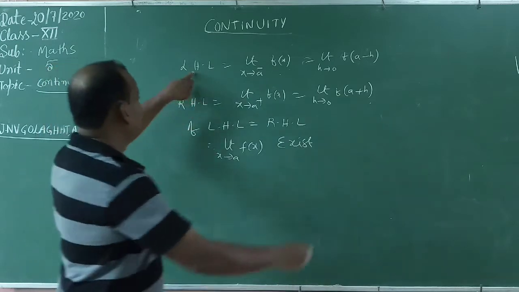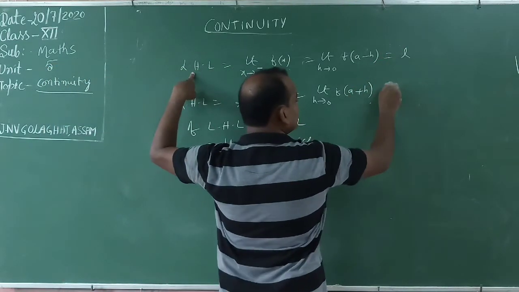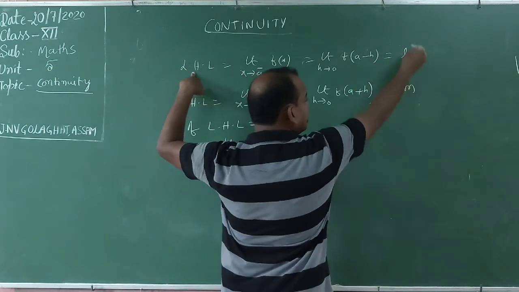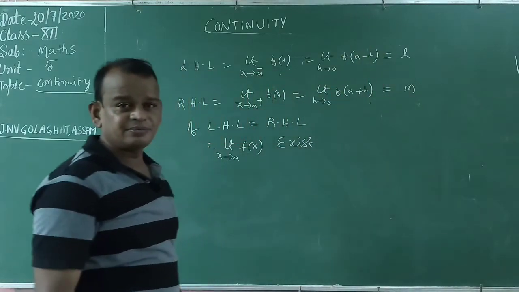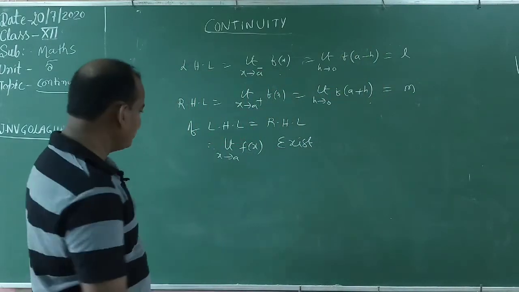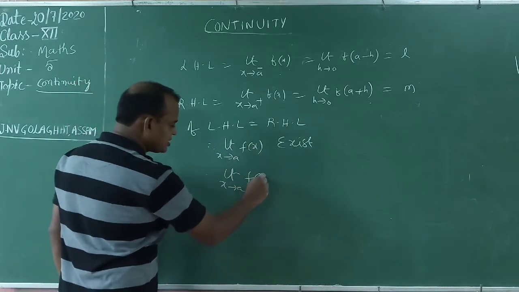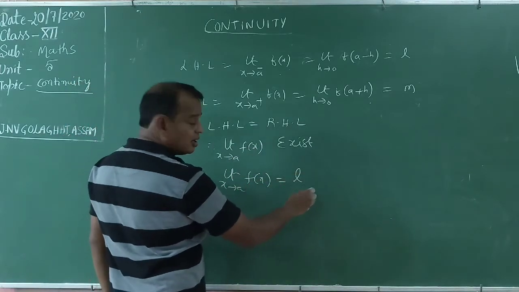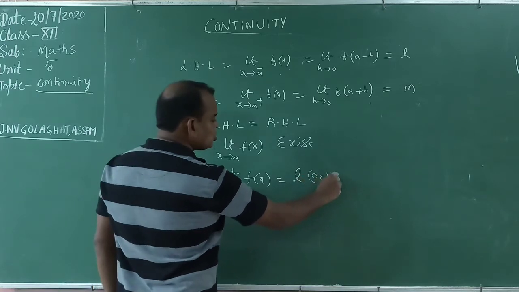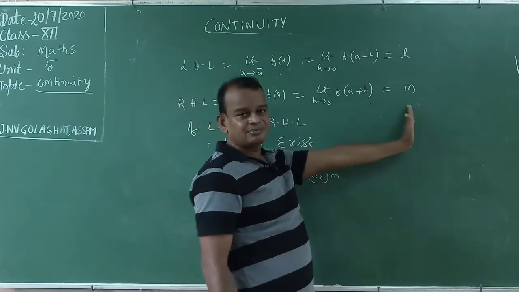For suppose this value is L, and for suppose this value is M. If these two values are equal, L is equal to M. Therefore, the limit exists, and the limit x tends to a f of x is equal to either L or M, whichever, because those are equal.